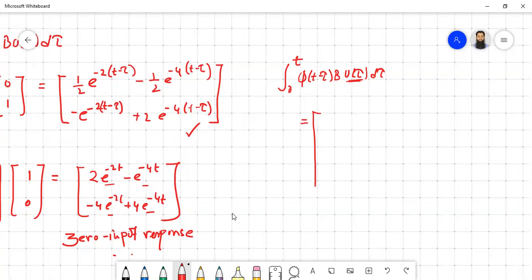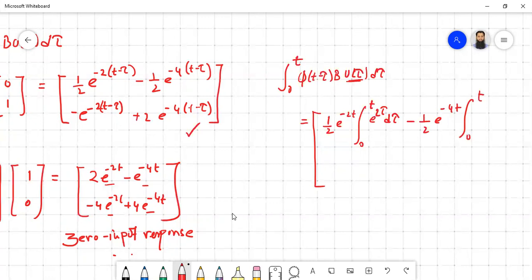So what we'll have is half e to the power minus twice t. t is a constant here because we are integrating with respect to tau. So 0 to t e to the power twice tau d tau. Okay, and the second parameter is minus half e to the power minus 4t, then 0 to t e to the power 4 tau d tau.